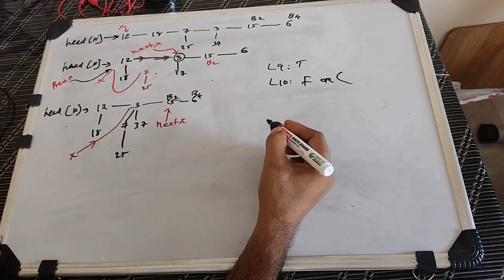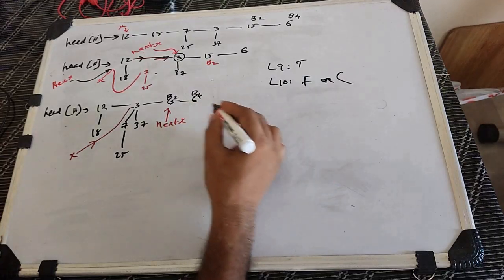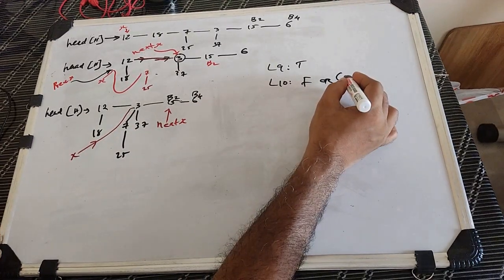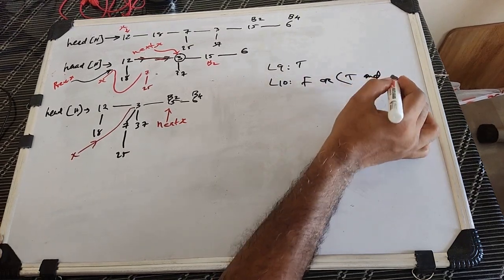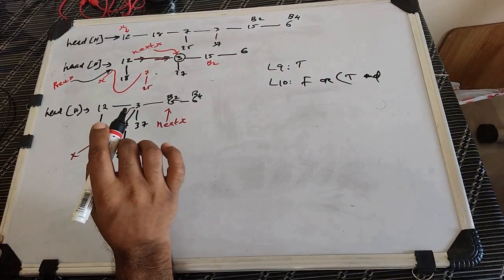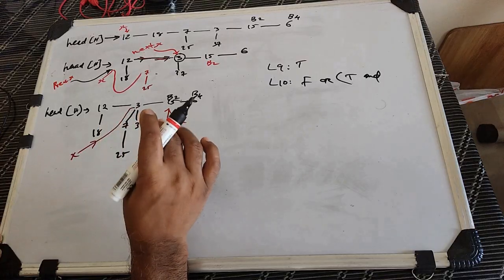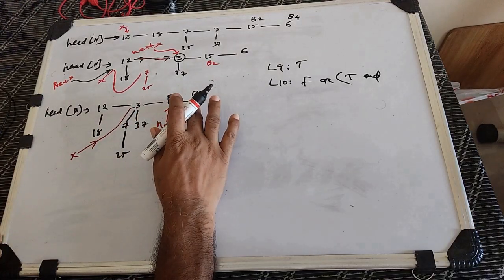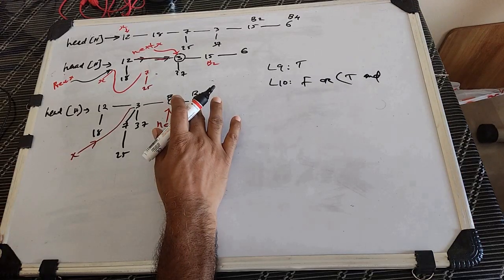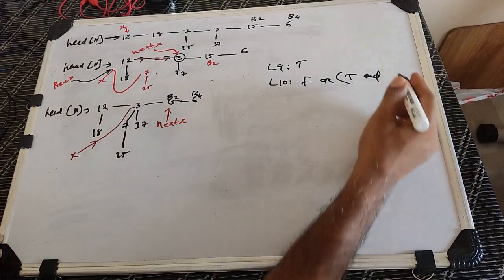Or then we are checking sibling of next x. Sibling of next x is there, not equal to null, it is true. And sibling of next x, it is a B4, degree of x is 2, that is false.